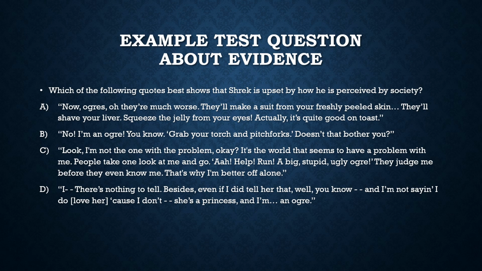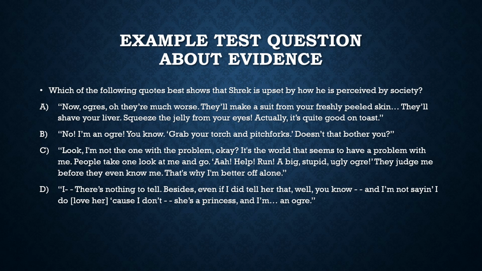He's not talking about how it bothers himself, being Shrek, that he himself is perceived as an ogre. It's saying, aren't you bothered by the fact that you're with an ogre that's perceived this way? So I don't know if it fully shows that, not really. But this one is a little bit closer. But we'll see if there's another quote in here that is a better answer.